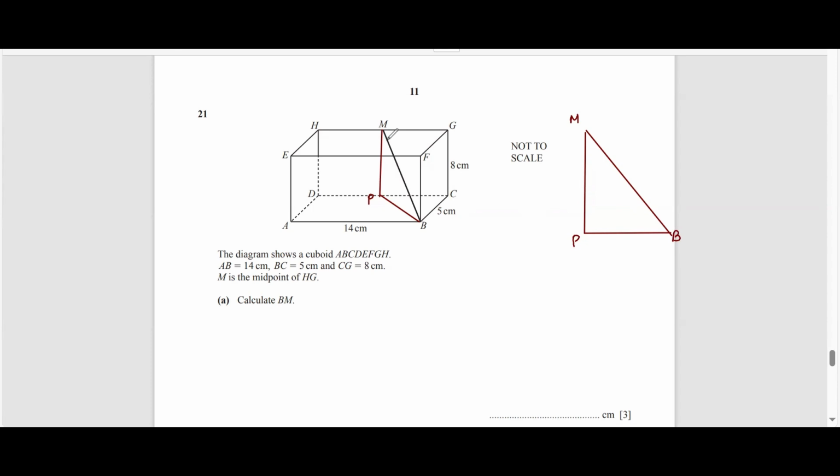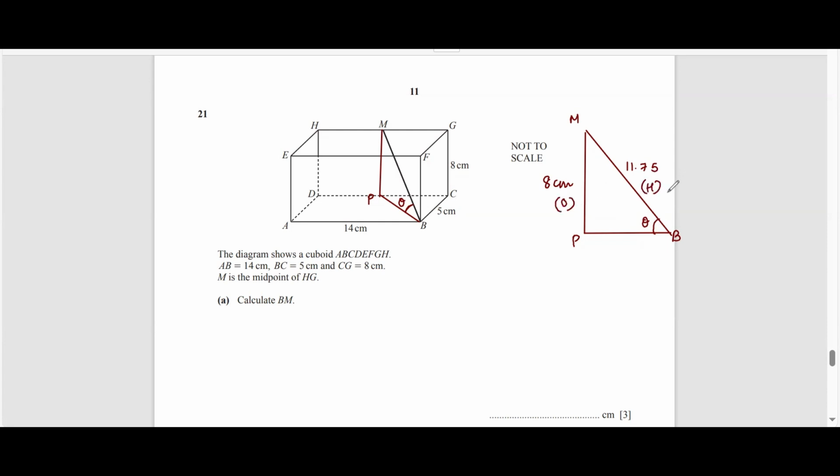The angle that is made between the line MB and the base is this angle theta that we need to find out. If GC is 8 centimeter, then MP will also be 8 centimeter. We know MB, we found out MB as 11.75 in the A part. Considering this angle theta, we have the opposite side and the hypotenuse.